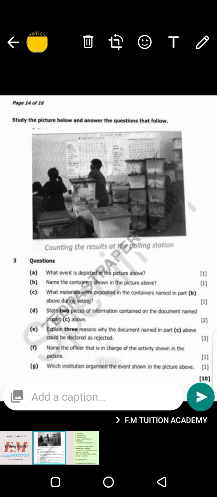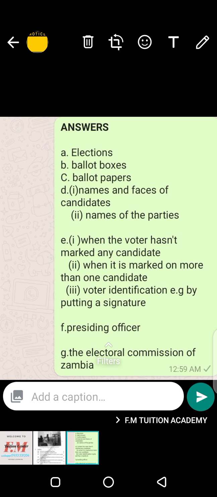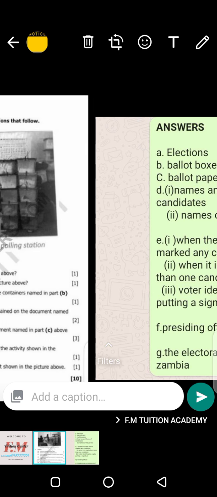What do ballot papers contain? It is the names and the faces of the candidates.